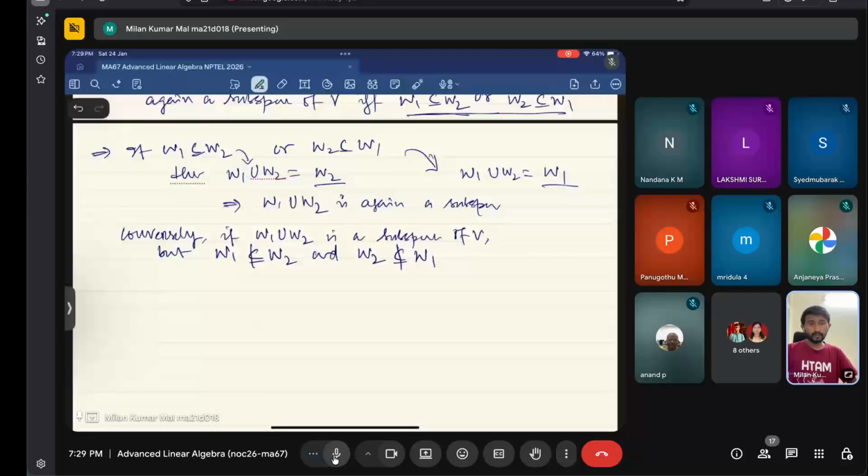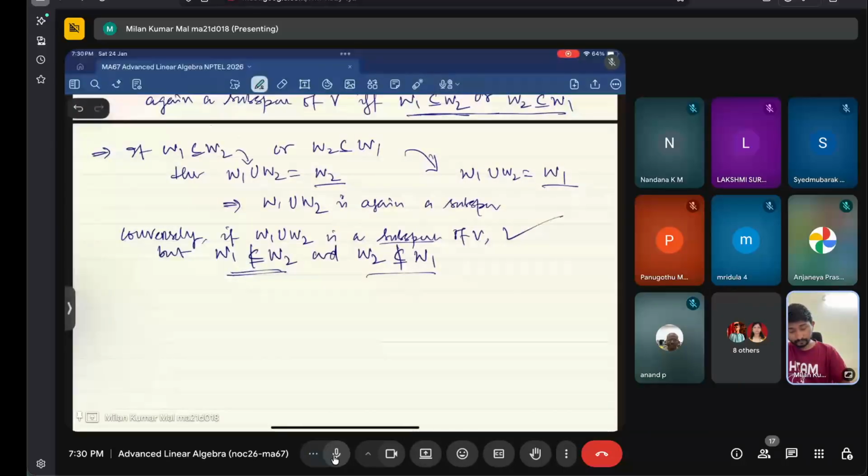Then I will prove that this creates a contradiction. That is the standing assumption that W1 union W2 is a subspace. If we assume these two, that will create a contradiction. So let's see what the contradiction is.